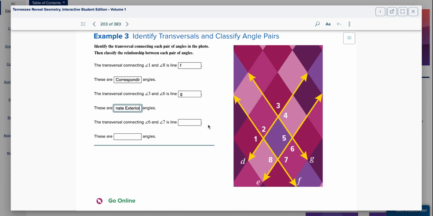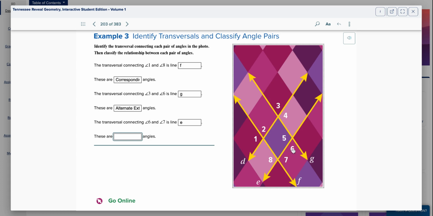Transversal connecting 6 and 7. There's 6, there's 7. 6 is at the corner of E and G. 7's at the corner of E and F. And which letter did I say both times? That's your transversal. Now I said G and F. So you're looking, are they between G and F or are they not between?